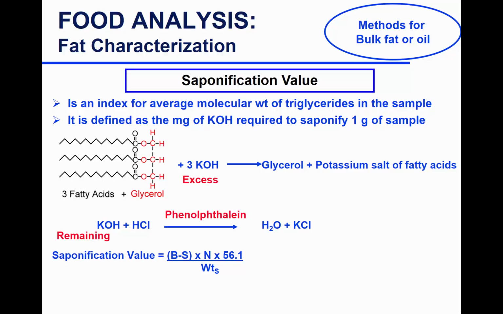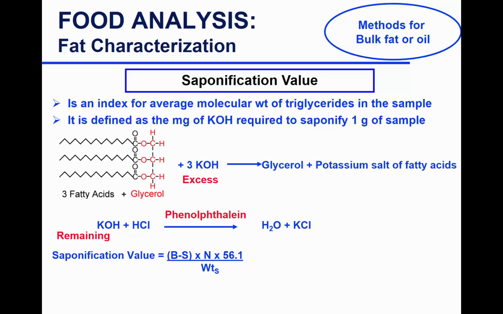So basically the principle of the experiment that you're going to do in the lab is you have your triglycerides, which is composed of 3 fatty acids plus glycerol, and it's a condensation reaction. So when 3 fatty acids and a glycerol are joined, 3 moles of H2O are released. That is helpful to know for the calculation later.